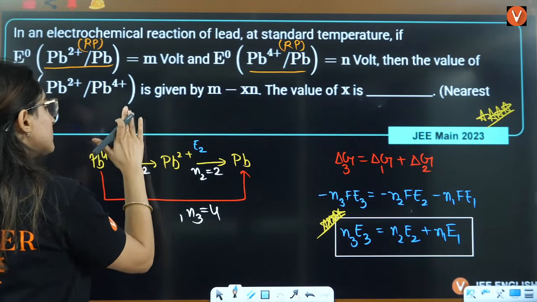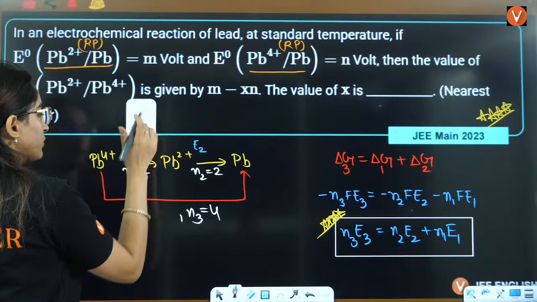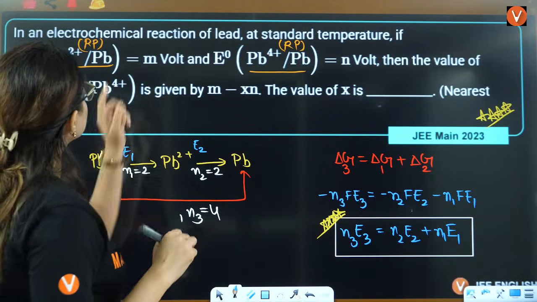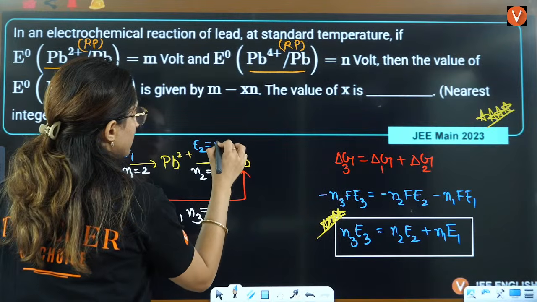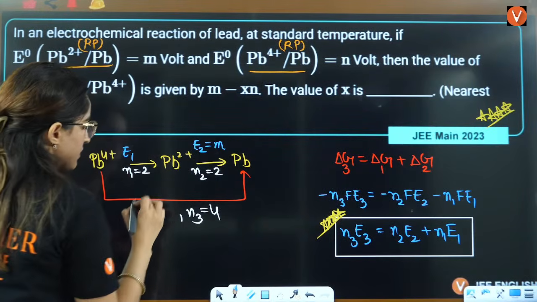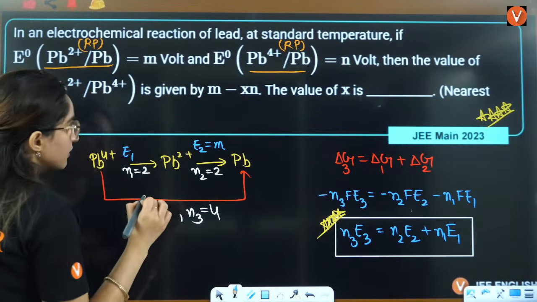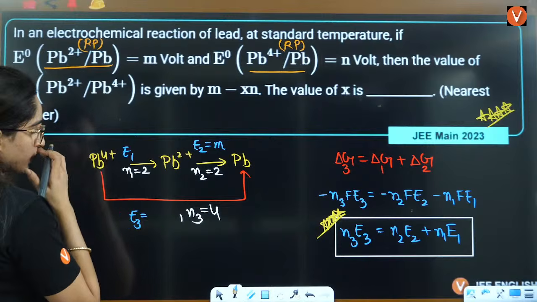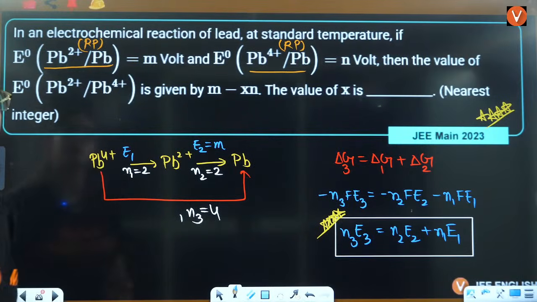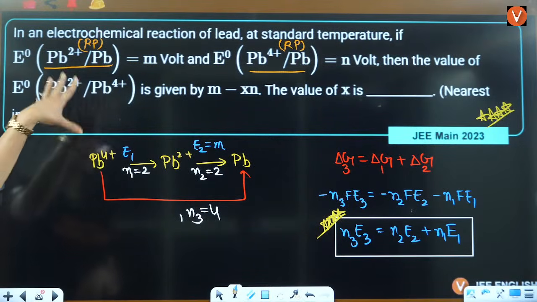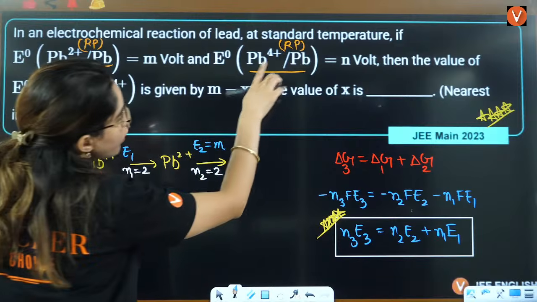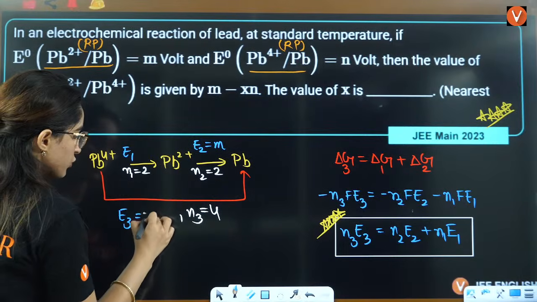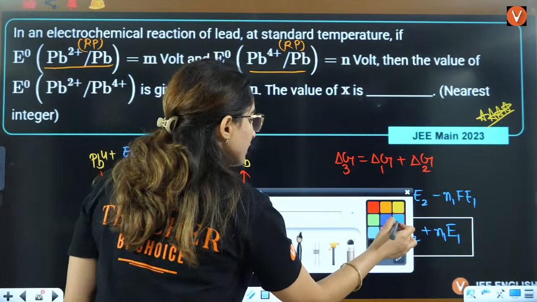E2, 2 to 0, that means this is M. E3 is for 4 to 0, which is given to be N. So I'll put all the values here.